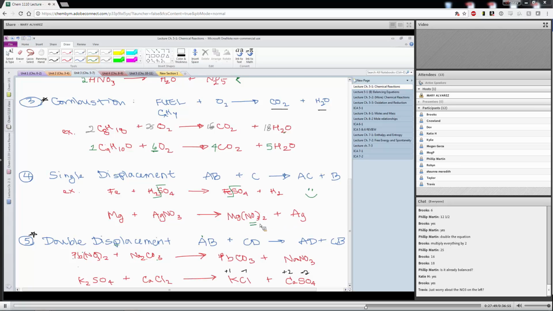That's going to be a problem because I only have 1 here. So let me put a 2 here. That'll fix my nitrates. Now my nitrates are balanced. Does that cause me any other problems? Does that give me more work? Or am I done?